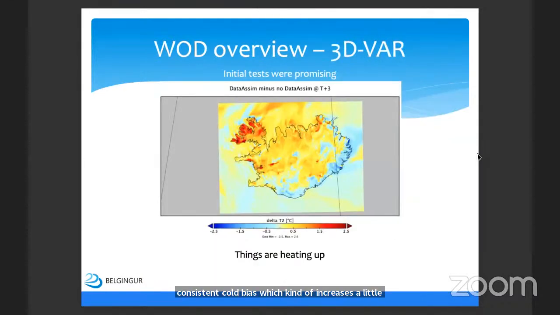So last fall, we started trying 3D VAR simulations, and the initial tests were quite promising. We were getting things heating up. This is just a quick picture showing the difference between a simulation using data assimilation and no data assimilation. In general, it's a bit warmer than the control forecast.